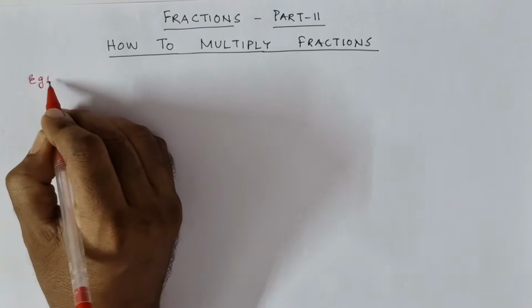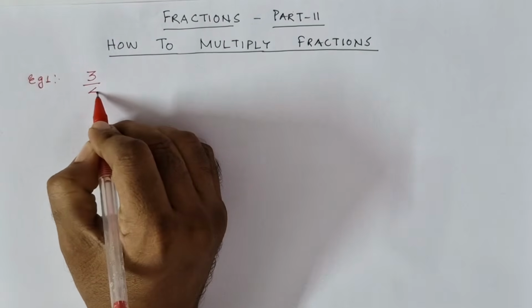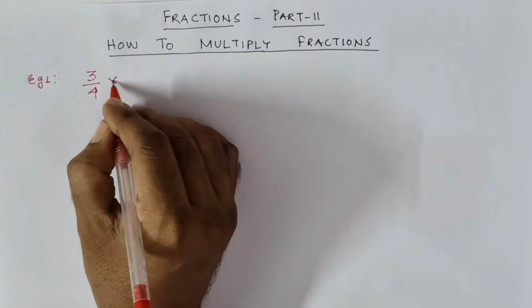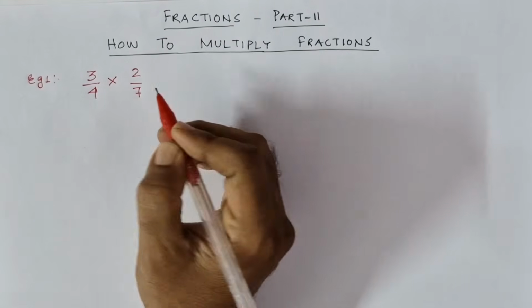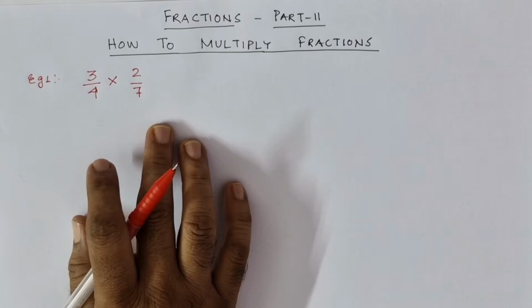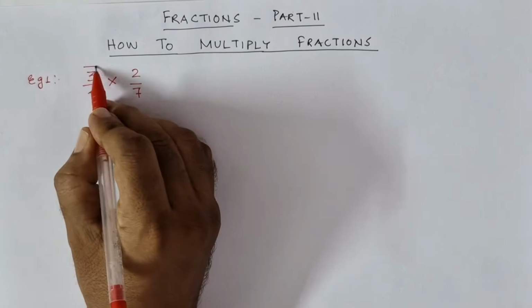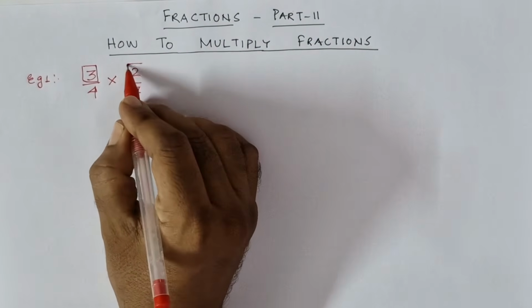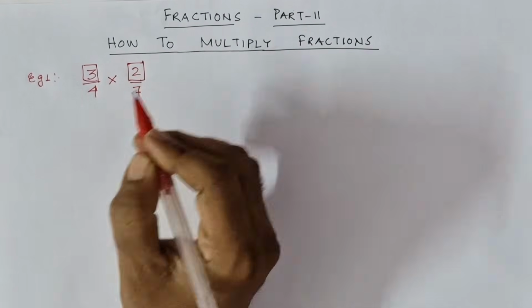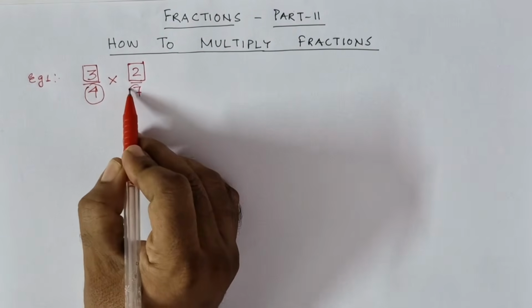So this is example 1. This is 3 by 4 multiplied by 2 by 7. Whenever you get a multiplication of two fractions, what do you need to do? You need to first multiply the numerators, divided by multiply the denominators.